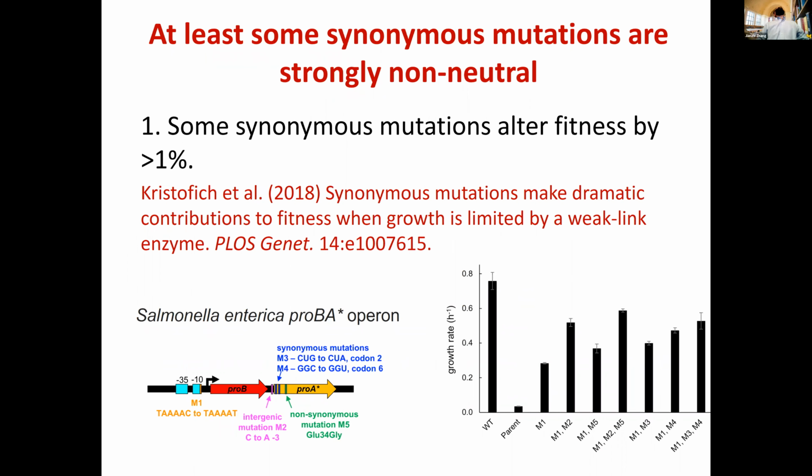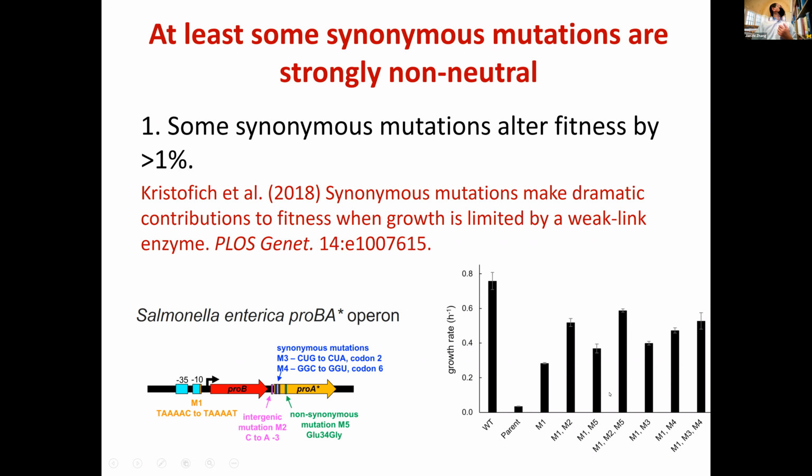Okay, so there are a lot of ways that synonymous mutations can affect biological processes and potential fitness. And empirically, we actually have some evidence that synonymous mutations can be strongly non-neutral. Here's one example. In this paper, we're talking about two mutations, M3 and M4. Those are synonymous mutations, and there is another mutation called M1, which is in the promoter.